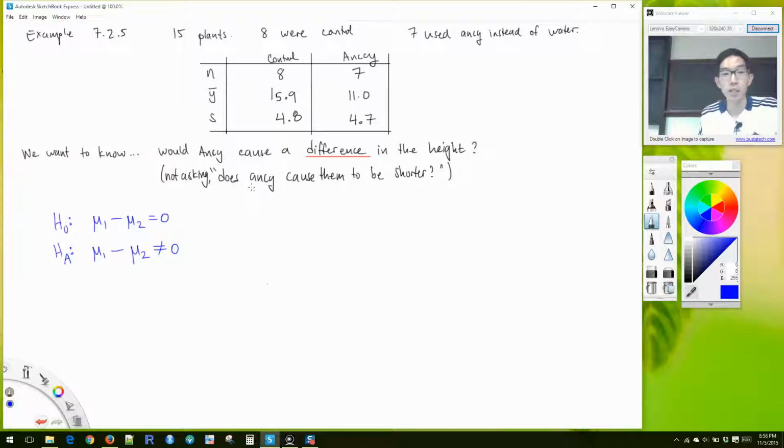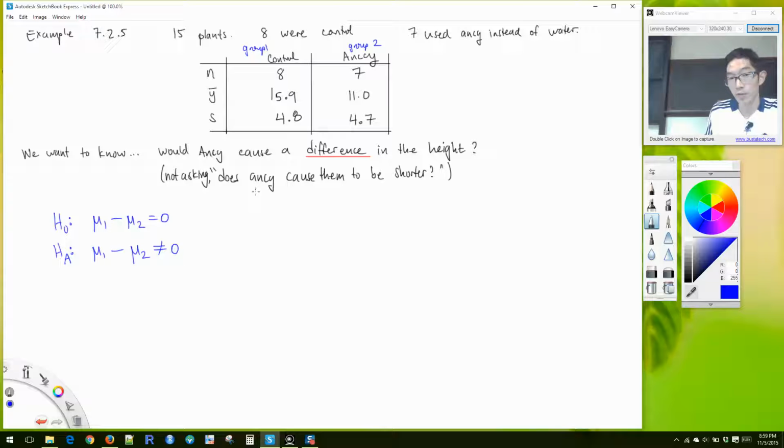If we had asked does ANSI cause the plants to be shorter, what would we use? If we take control to be group 1 and ANSI to be group 2, we would expect mu1 minus mu2 to be greater than 0.